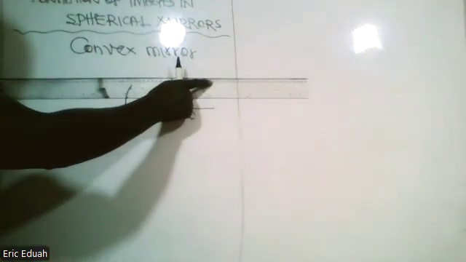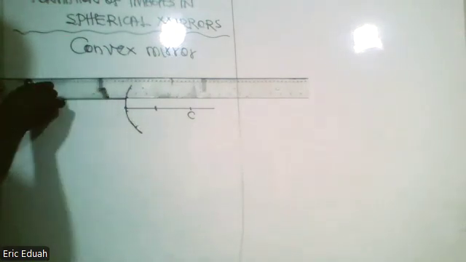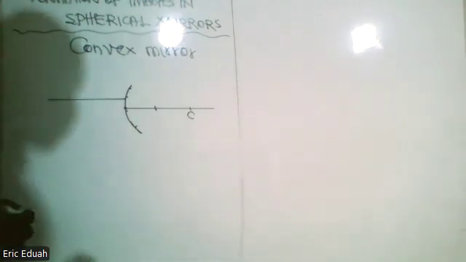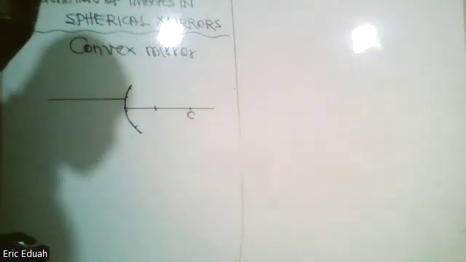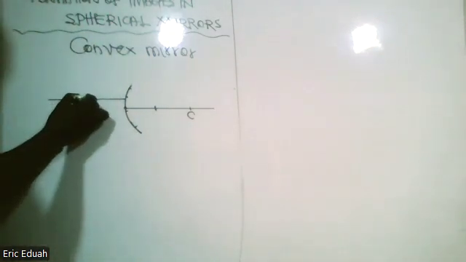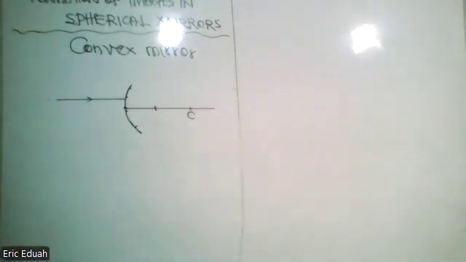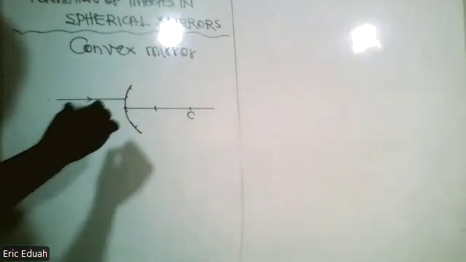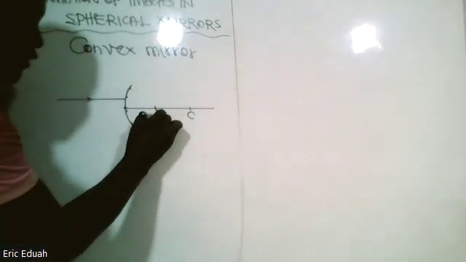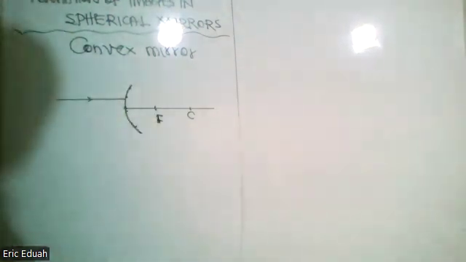So when you have a ray parallel to the principal axis, after reflection, this one diverges.